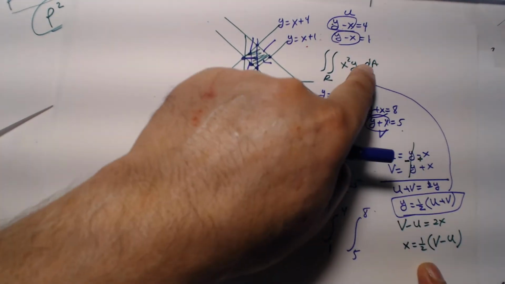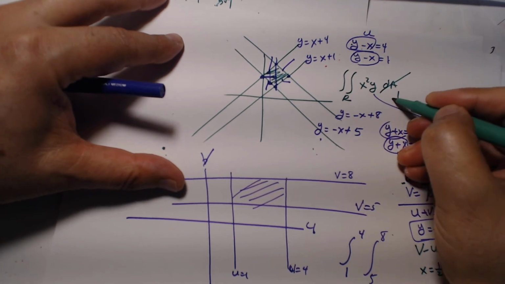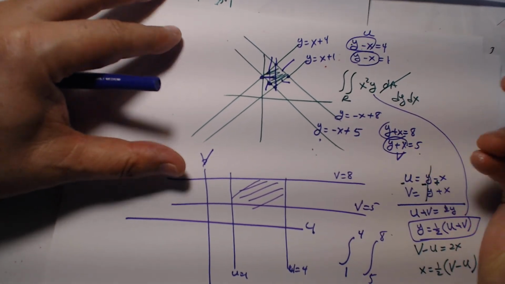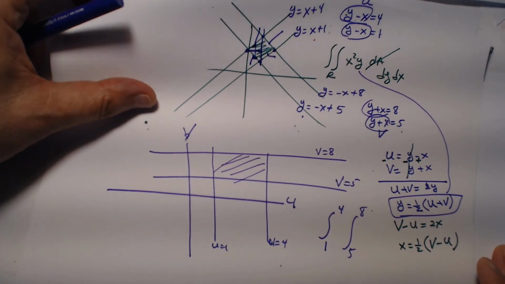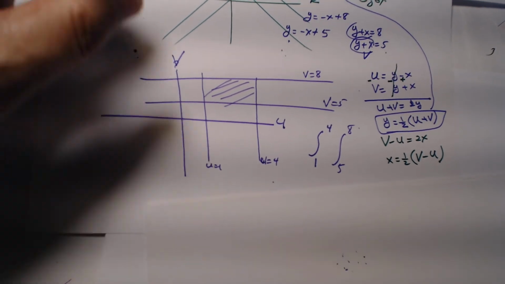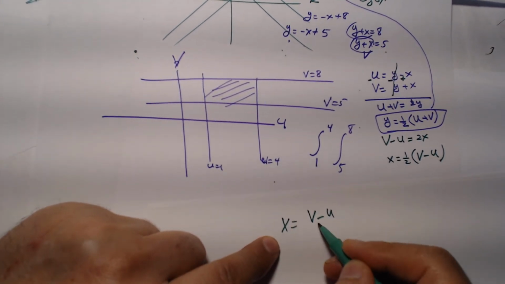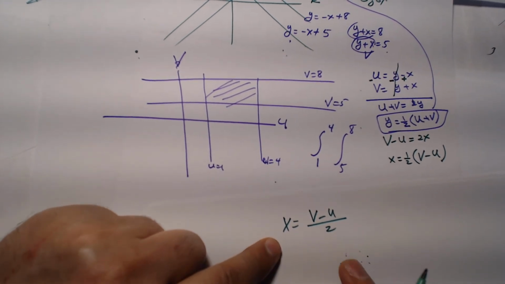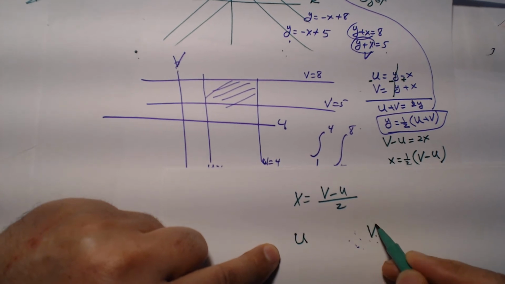I know what I'm going to replace for x. But somebody said, what are you going to replace for dy dx? Are you going to make this a polar coordinate? No, sir. Are you going to do a spherical? No, sir. Since your x is (v minus u) over 2, that's two variables, you need u and v.